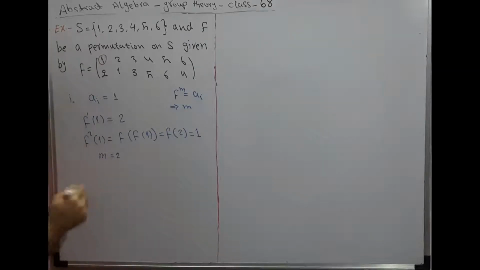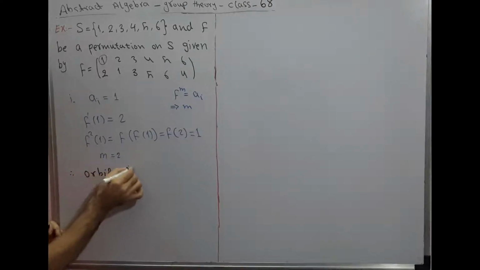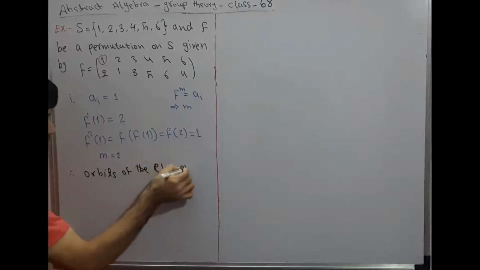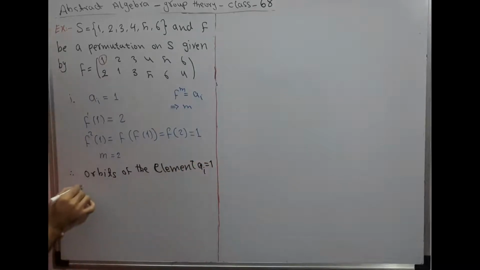Therefore, the orbit of the element ai equal to 1 is 2.